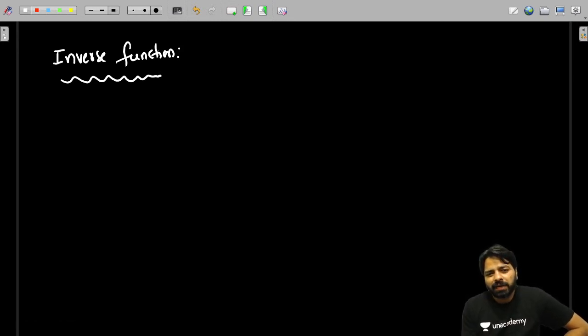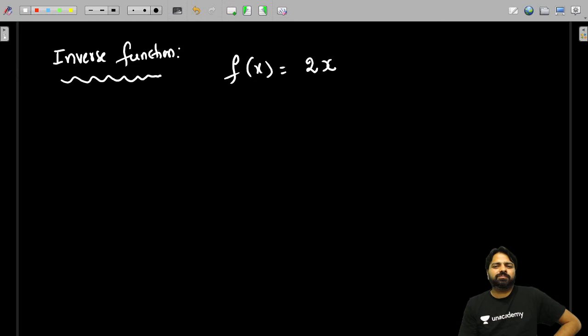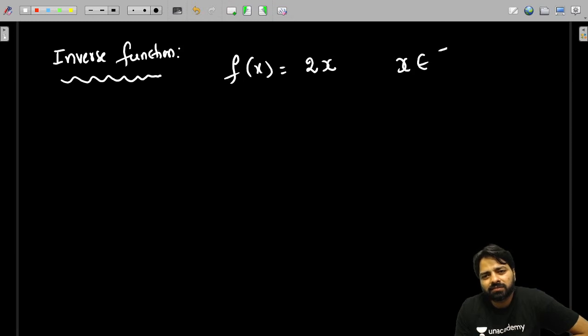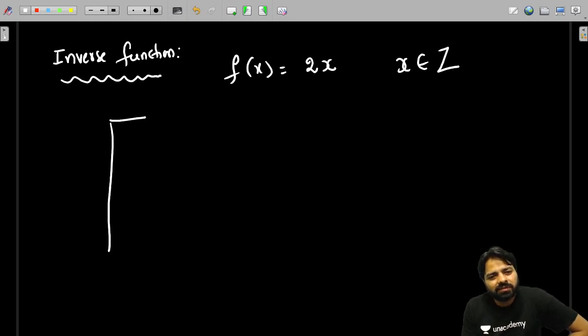Okay, let me help you. Suppose somebody writes f of x is equal to 2x, where x belongs to Z. Then what is this function, before finding the inverse? Every integer you take, what do you get?